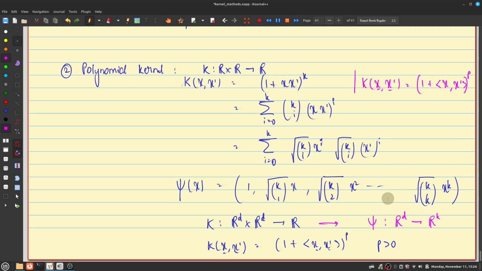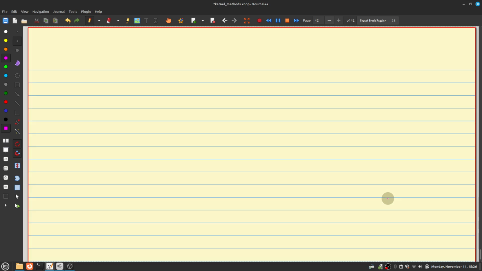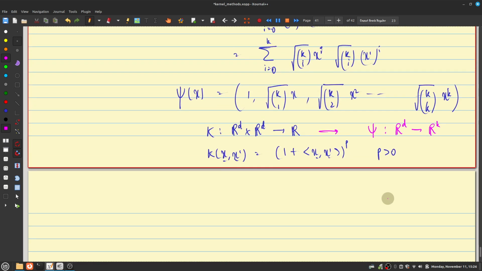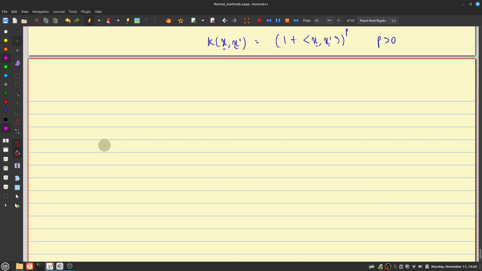When d is not equal to 1, what happens? I claim that it's not going to be R to the k. I claim that k is not going to be equal to p. Again, I leave that as an exercise. So that's another example of a kernel.